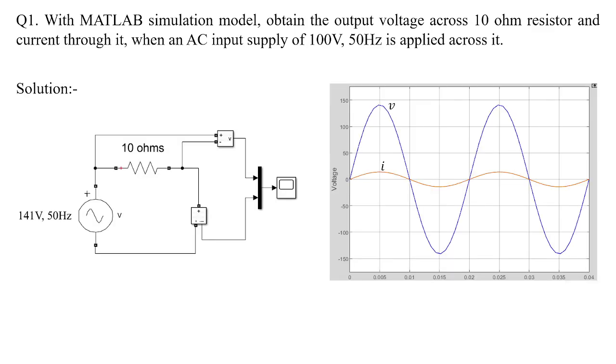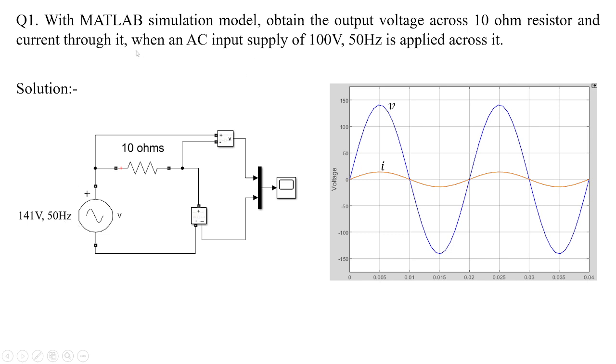We can take the help of this first model, where with MATLAB simulation we have to obtain the output voltage across a 10 ohm resistor and the current through it when an AC input supply of 100 volts and 50 hertz is applied across it.